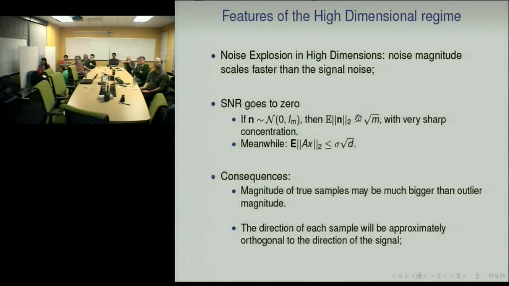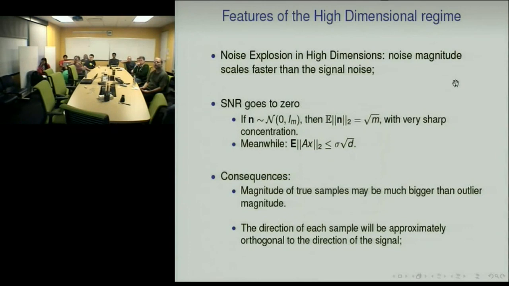Just to explain how it goes to 0, if you have an n-dimensional random variable, say Gaussian, then if you look at the 2 norm, the 2 norm essentially equals the square root of the dimensionality with very sharp concentration. This is a result due to Talagrand, and there are many. The concentration is very sharp.